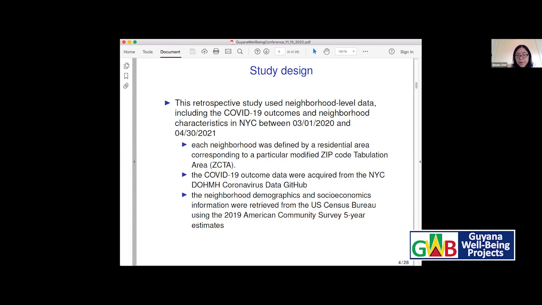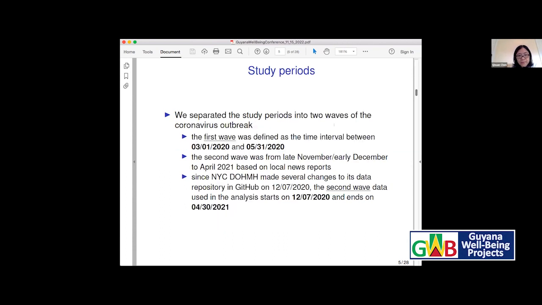And for neighborhood information, we retrieved it from the US Census Bureau 2019 American Community Survey 5-year estimates. So in this study, we don't include any individual person data set. The data is available at the ZCTA level.